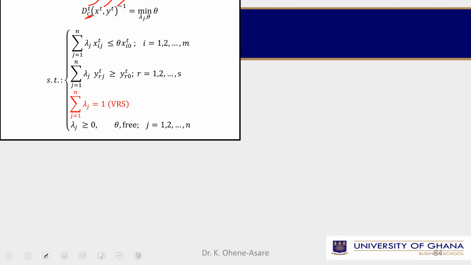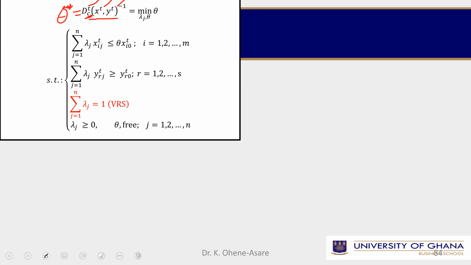How do we find that distance function to the power -1? How do we find the reciprocal of that distance function? Well, you find that by minimizing the theta. Remember, what you see here is the actual theta star, more or less.